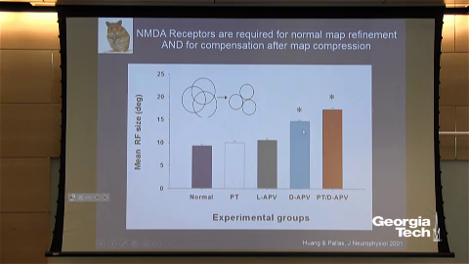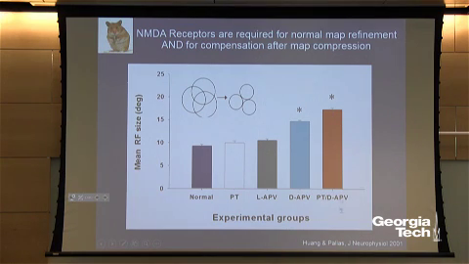If we block the NMDA receptors during development with a slow-release polymer that's steadily leaking this antagonist of NMDA receptors called DAPV, then we find that that blocks the normal refinement of the receptive fields. So our receptive fields are bigger by about 50%.